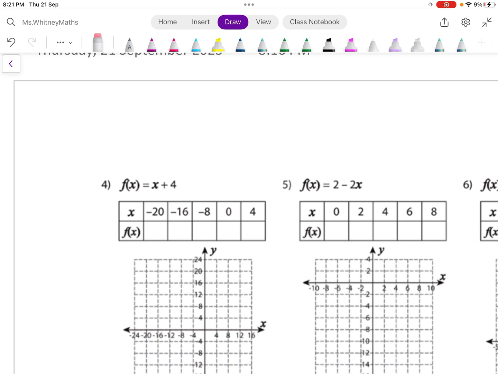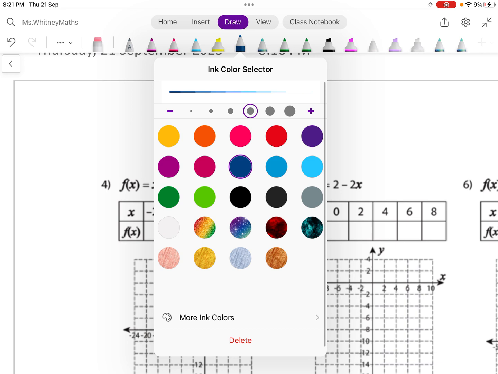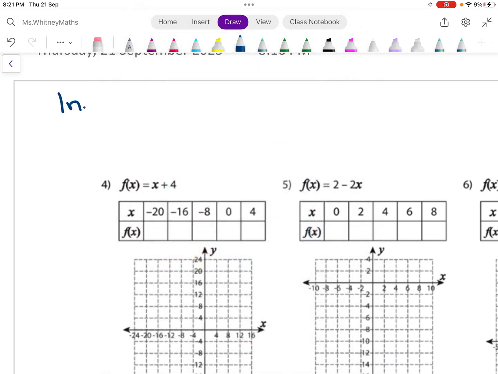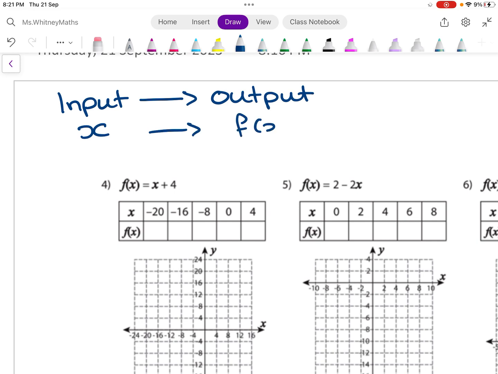We know a function is when we put in an input, so the input could be x, and we get an output. Our output is whatever the function of x was. In this instance, because we are plotting on an x and y coordinate plane, it's going to be x in and y out.